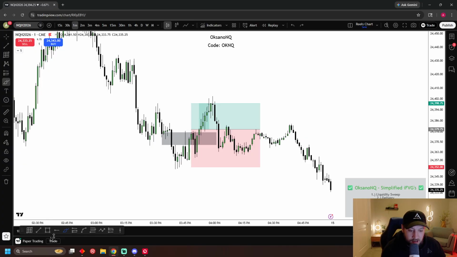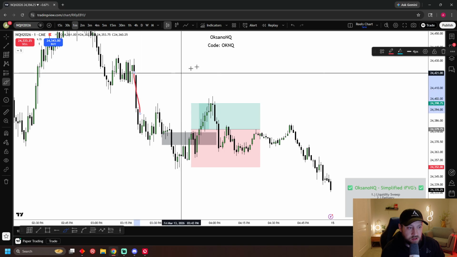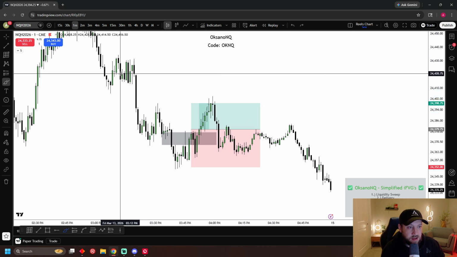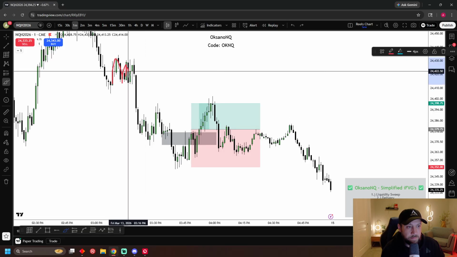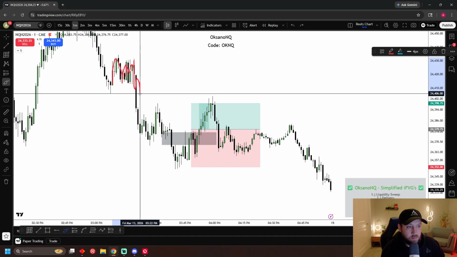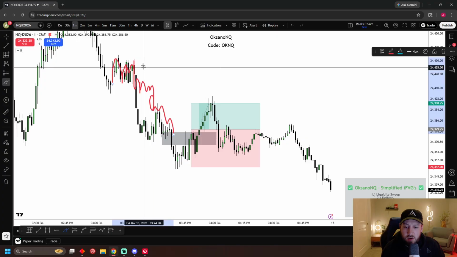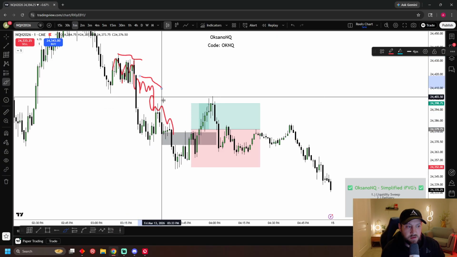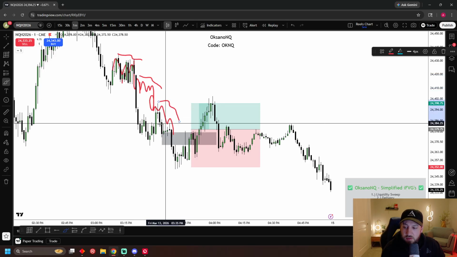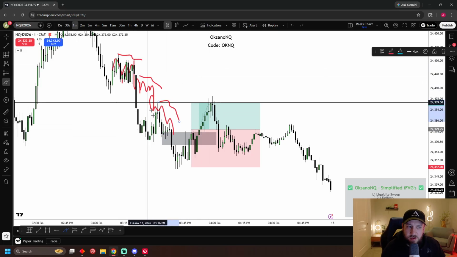But let's say, for example, that there was no gap here. Let's say that in this gap here, it looked just like this. And there's no gaps. We just keep leaving little clusters of wicks. Now, I don't expect this to turn around.